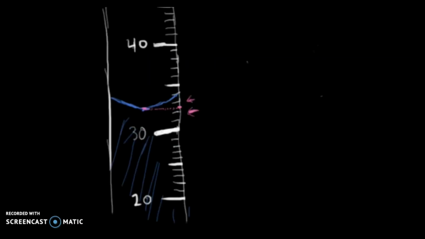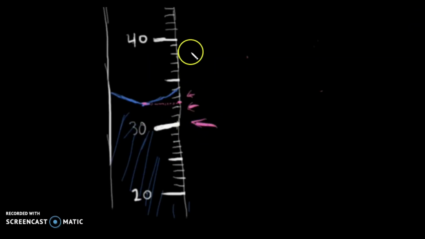So we need to figure out what those lines right there are, right? So we have 30 right there at the bottom. We have 30, and we have 40, right? So we have 10 lines in between. So that means from 30 to 40, there's a 10 units space, and it's divided in 10 spaces.